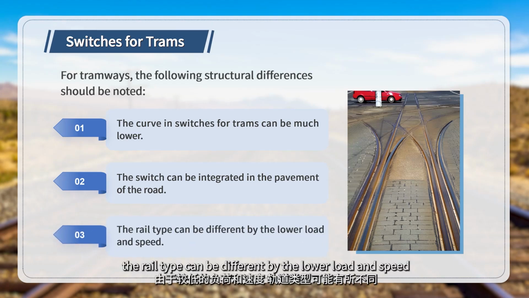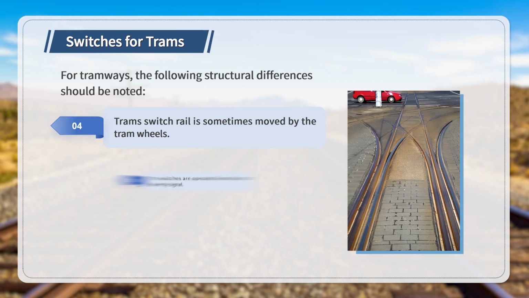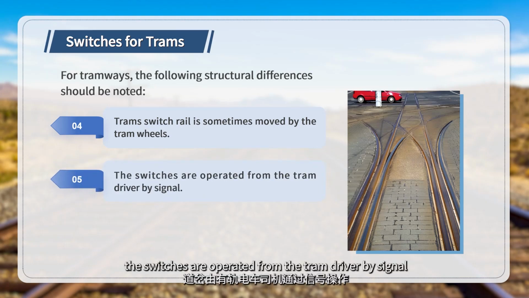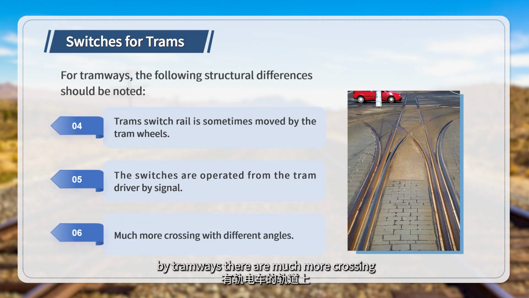The rail type can be different due to the lower load and speed. Sometimes switches on trams have no power and have simple engines. The blades will be moved by the tram wheels. The switches are operated by the train driver by signal, not from the operation center. On tramways, there are many more crossings at more different angles.